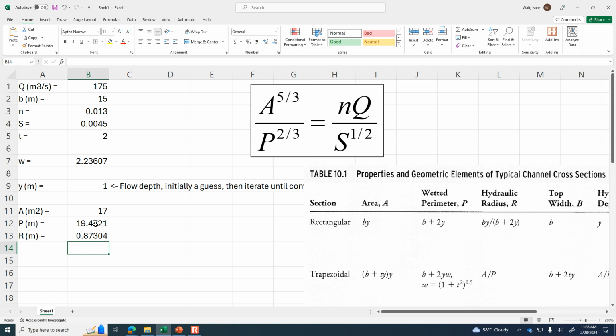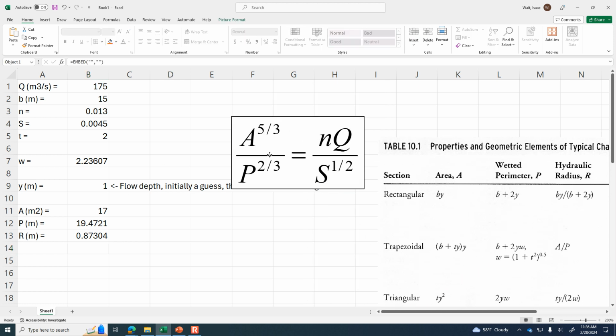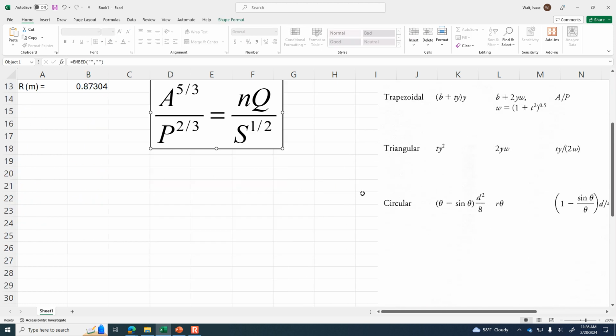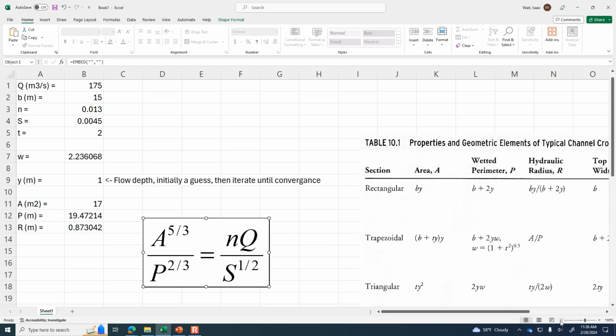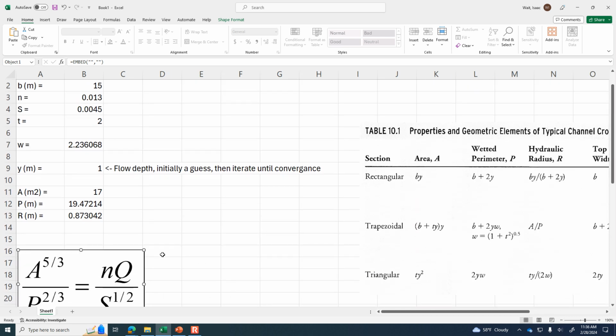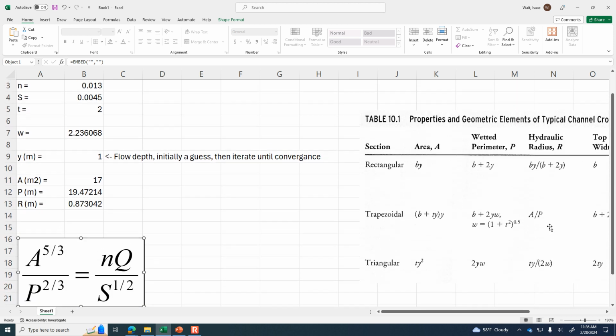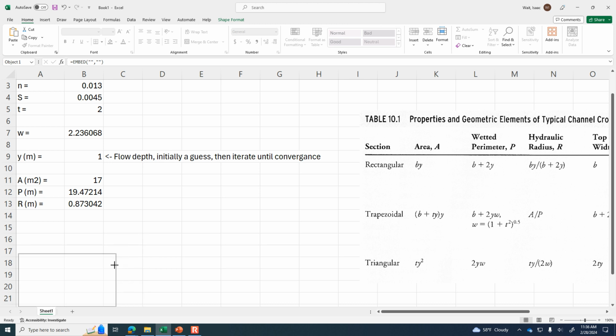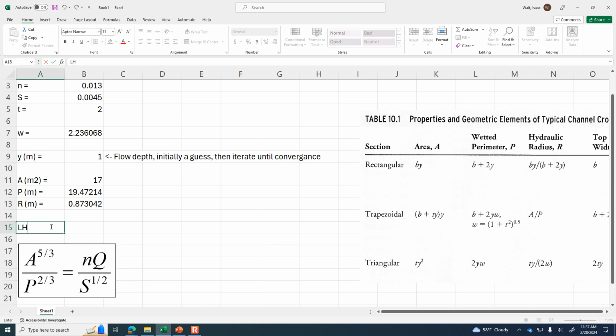Okay. Now, this is where this formula comes in. Because what I want to determine is what's the left-hand side of that formula and what's the right-hand side of that formula, and then guess the depth until the two are equal. So I'm going to say there's the left-hand side of the equation, there's a right-hand side of the equation.